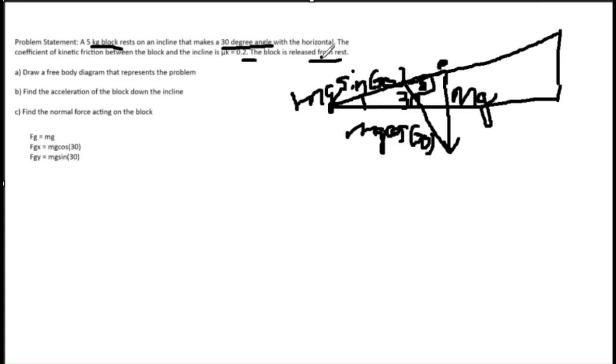So that's how we got it. Basically, we use trigonometric ratios to find the components of the gravitational force.